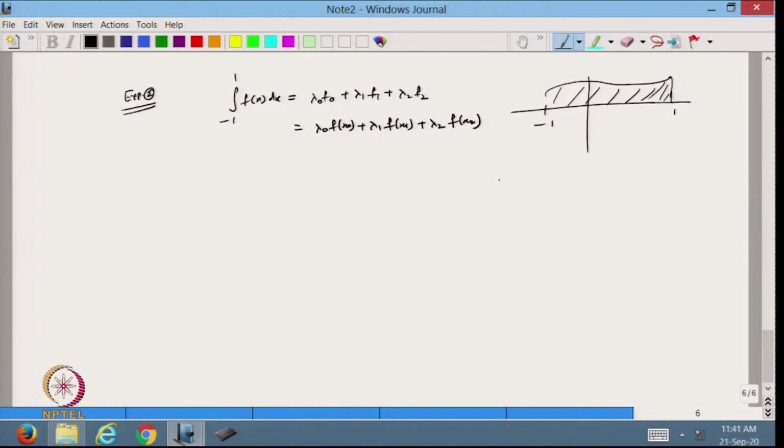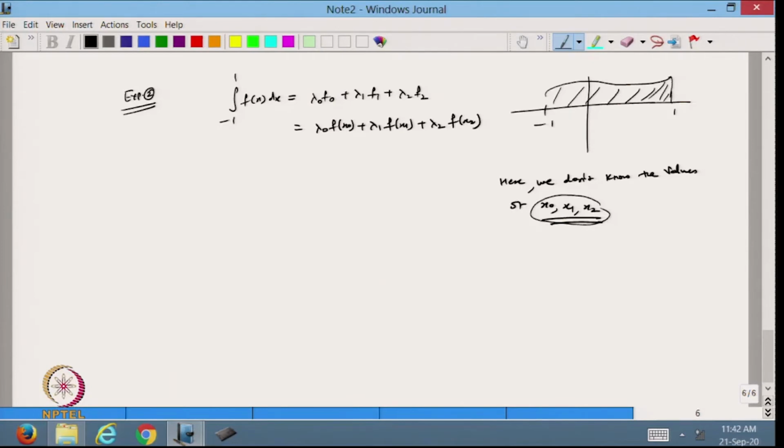So, here we do not know the values of x 0, x 1 and x 2. So, in this case we do not know the value of the nodal points. Once we are able to find the nodal values, then this method will give you the same result as a Newton-Cotes method, but in this case we do not know the values of x 0, x 1, x 2.